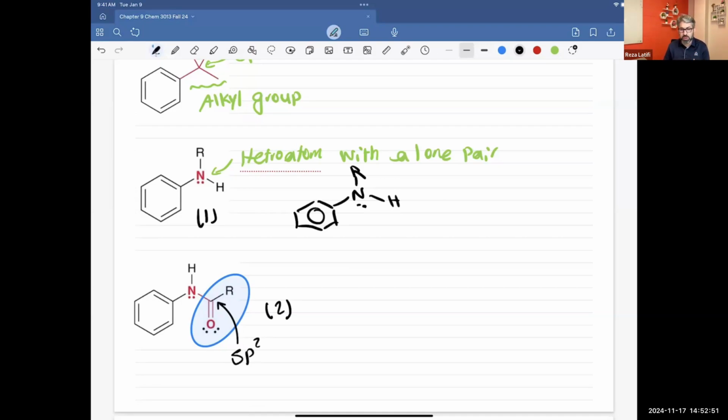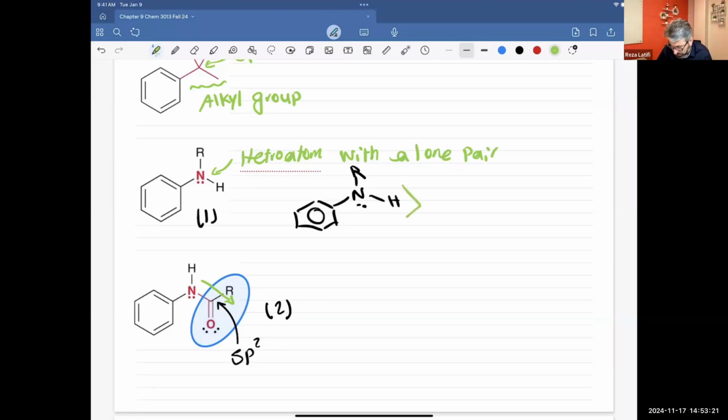But this R technically got replaced by a substituent that has sp2 hybridization. This substituent is going to pull some electron density to itself. Why? Because we have a carbon with sp2 hybridization. So number 2 will be weaker than number 1 because of the hybridization of the carbon.